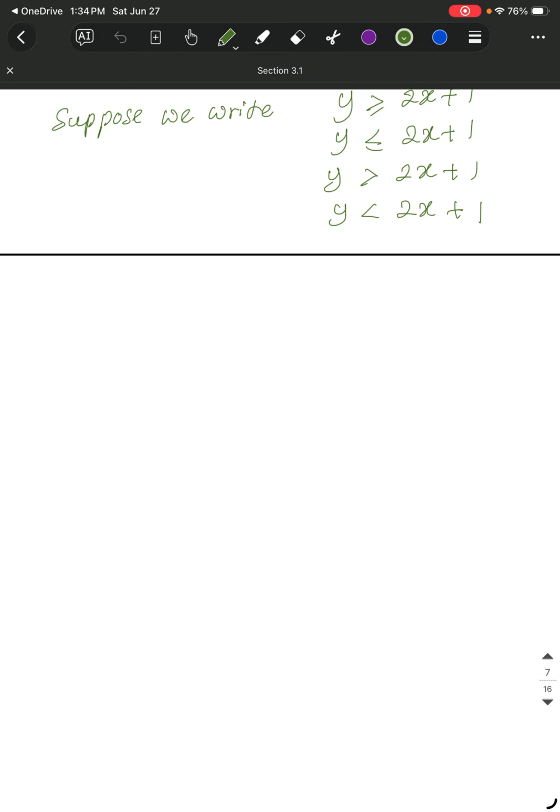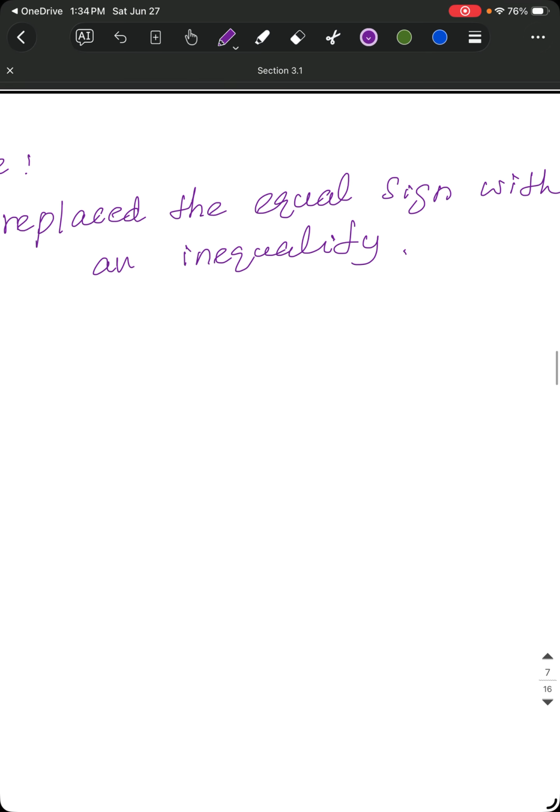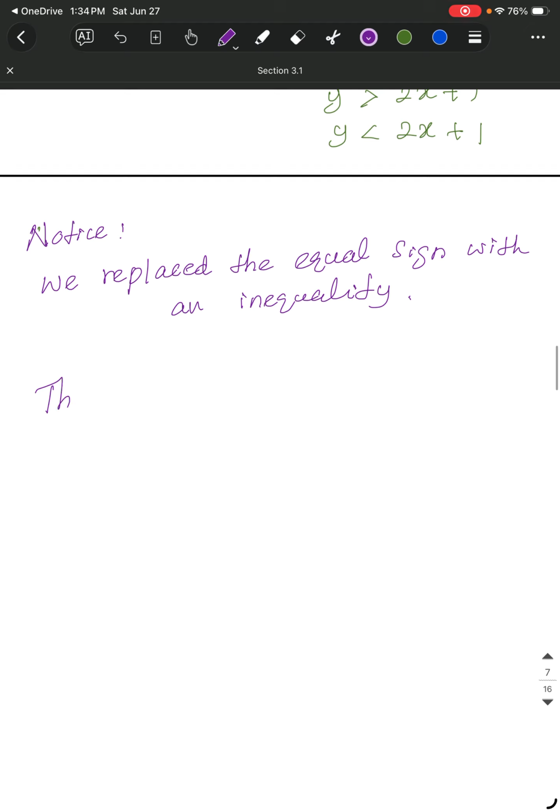Notice that we replaced the equal sign with an inequality, so this changes everything.